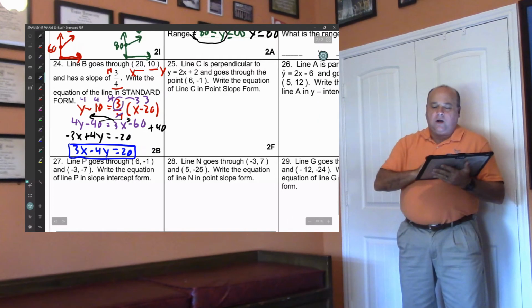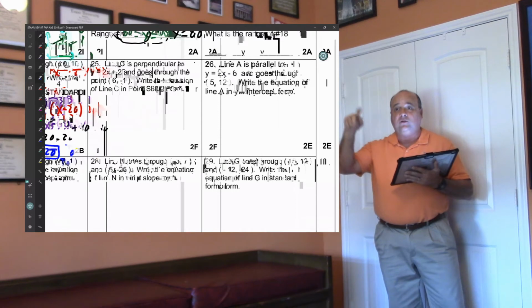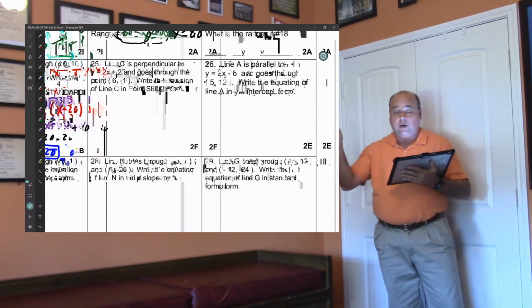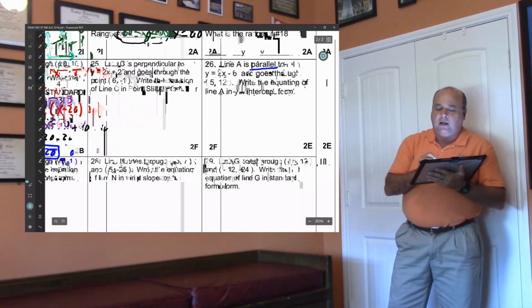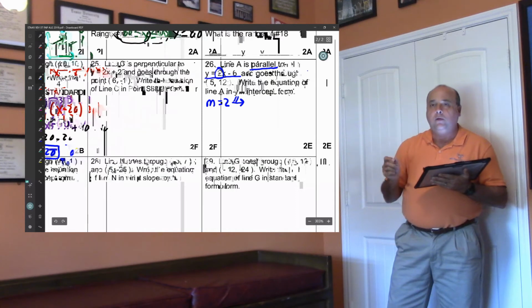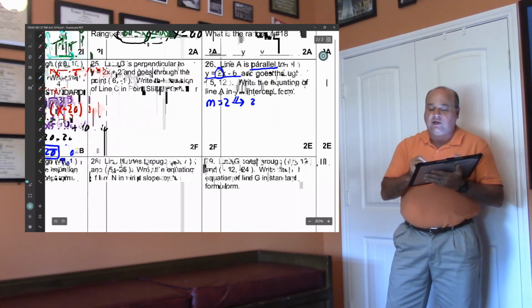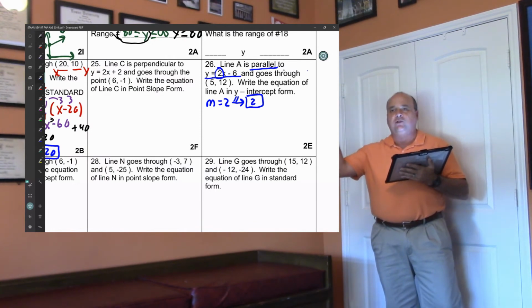Okay, now then on 25 and 26, this is what we're doing this week. I'm just going to give you the slope and the point, and you're going to go on. Okay, let's look at number 26. It's parallel to this line, right? This is the slope. So if my slope is, write down m equals 2, draw an arrow and put a parallel symbol, my new slope will not change, will it? Remember, lines that are parallel have the same slope.